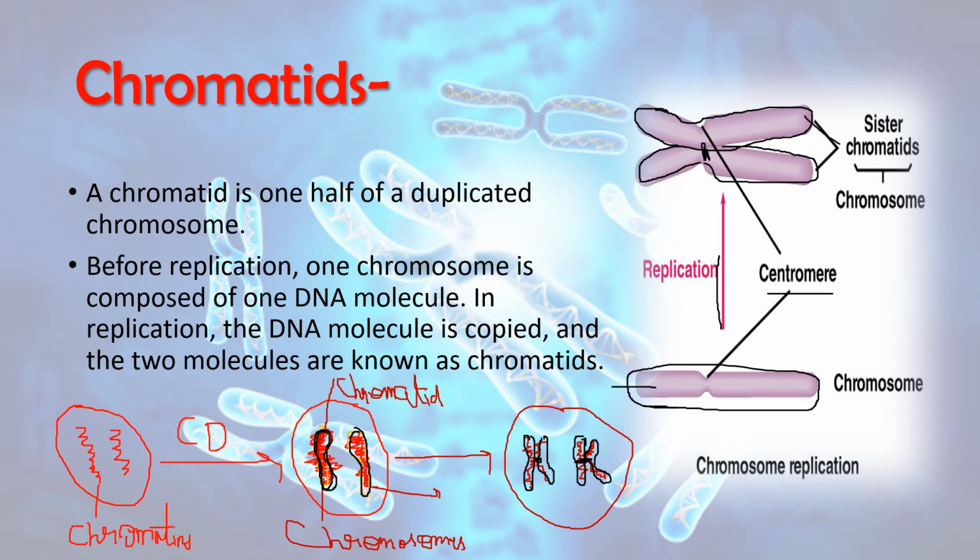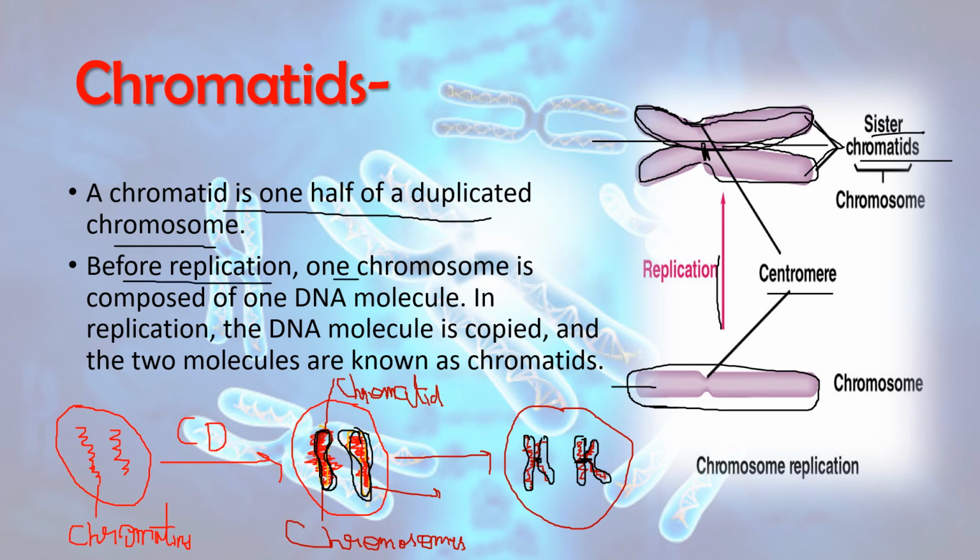These two chromatids are known as sister chromatids. So a chromatid is one half of a duplicated chromosome. After duplication, this half part is a chromatid.